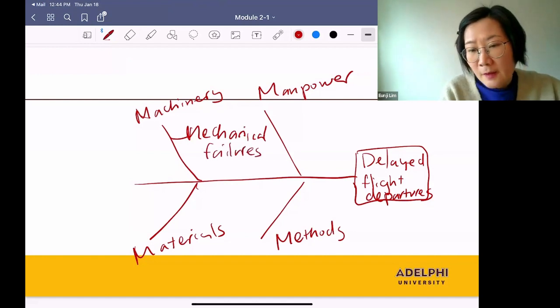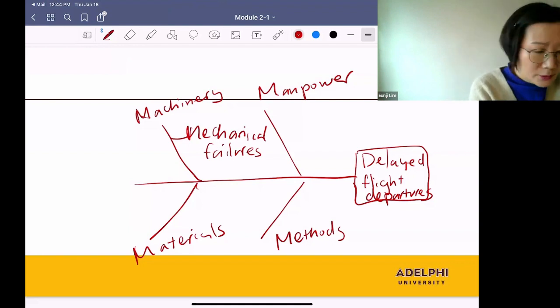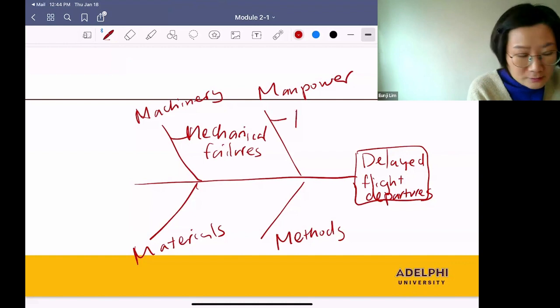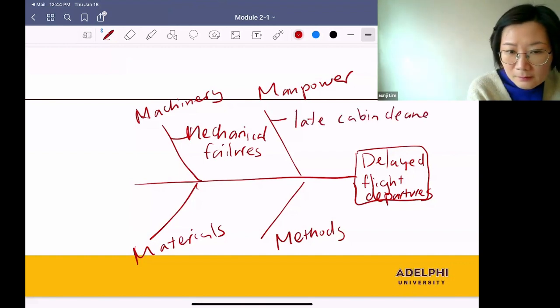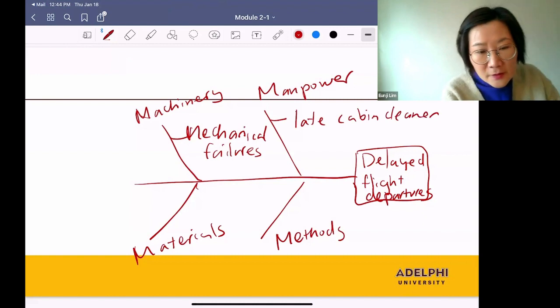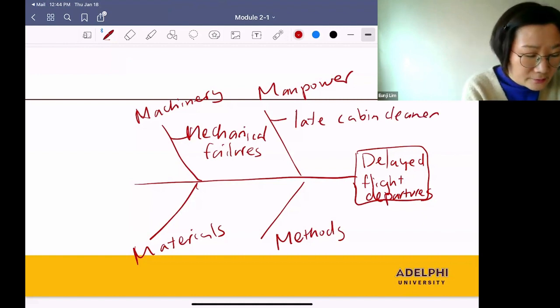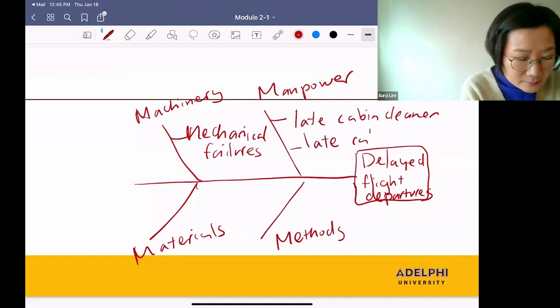Now, how about this? Are the cabin cleaners late? So where does it belong? Manpower, late cabin cleaners. How about this? Are the cabin crew members late? Where does it belong? Here, manpower, late cabin crew.